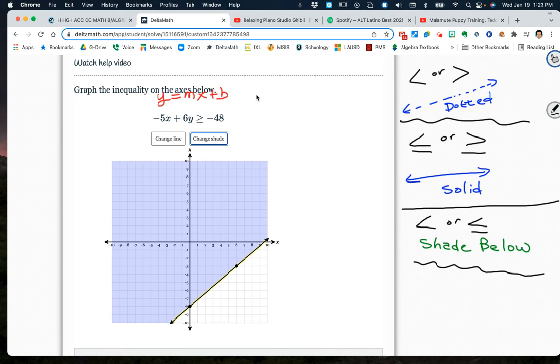And if we have a greater than or equal to, we're going to shade above or shade up. Okay, so let's just add that. And that should eliminate having to worry about it.